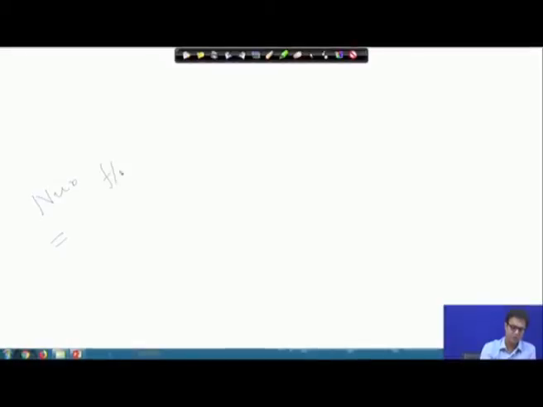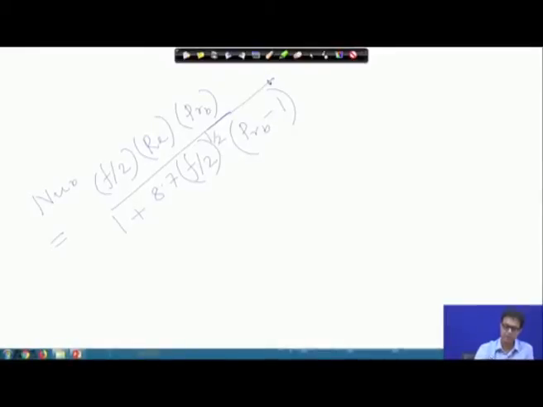This is f by 2 into Re into Pr bulk, divided by 1 plus 8.7 into f by 2 whole to the power half, into Pr b evaluated at the bulk mean temperature minus 1, and this f is related to 1.58 into ln of Re minus 3.28, this whole squared. Accordingly, since we have already calculated the Re, we would be able to calculate the f.